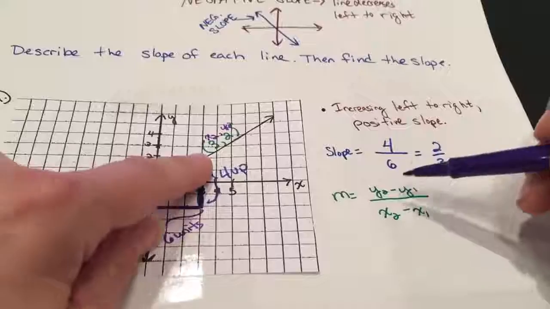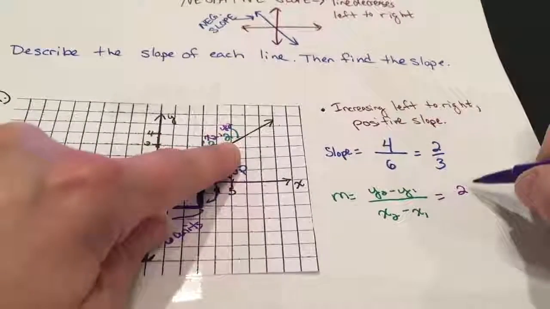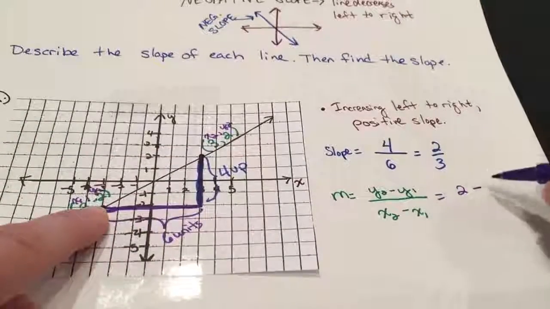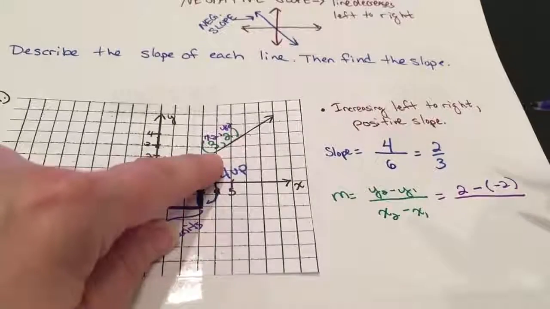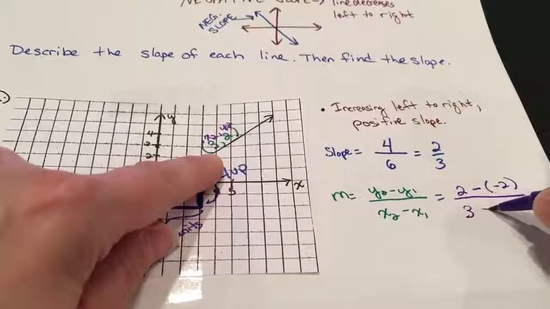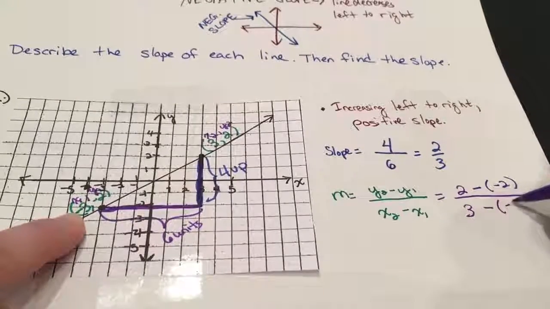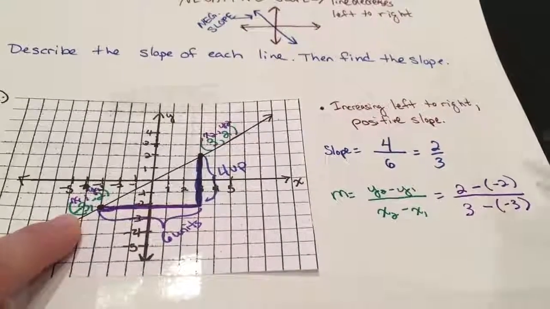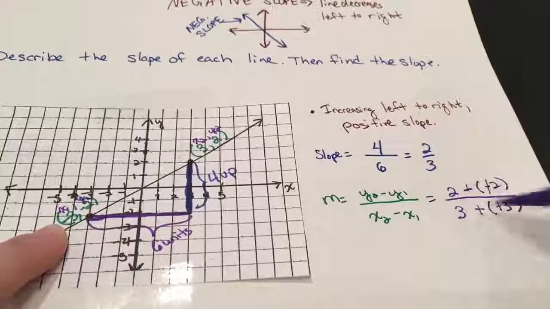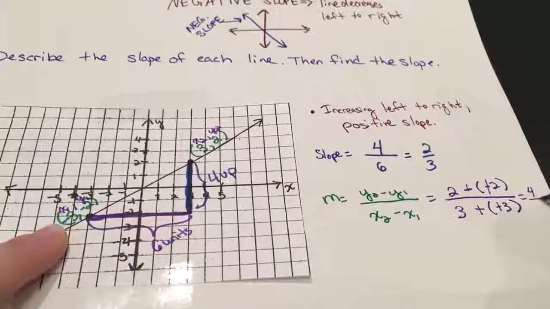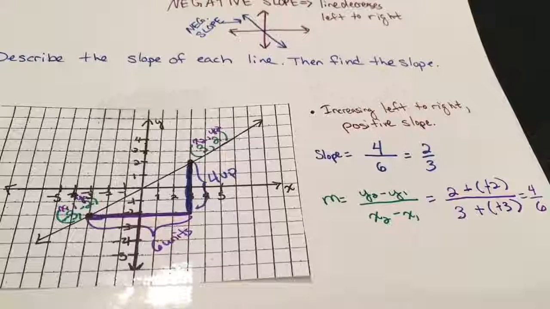So to fill it into this formula, we would have y2, which is 2, minus y1, which is -2, over x2, which is 3, minus x1, which is -3. When I do that, I end up making these a plus, a positive, and I get 4 over 6 again, which reduces to 2/3. So that's a different method to find slope.